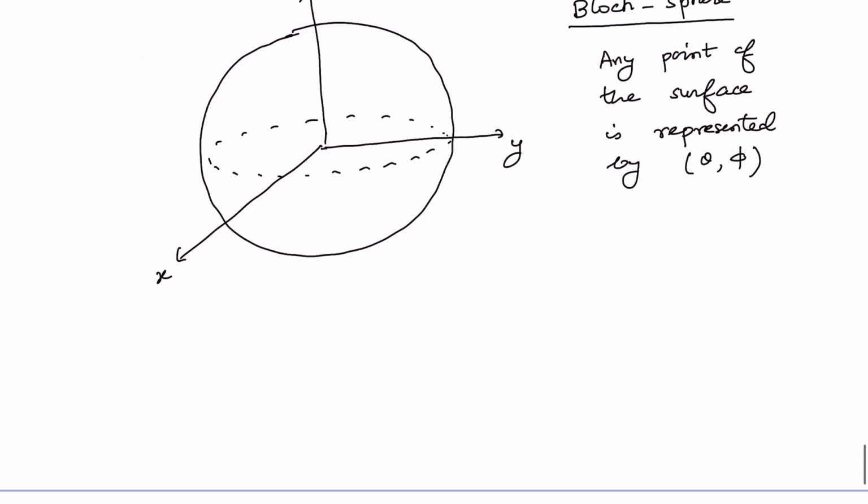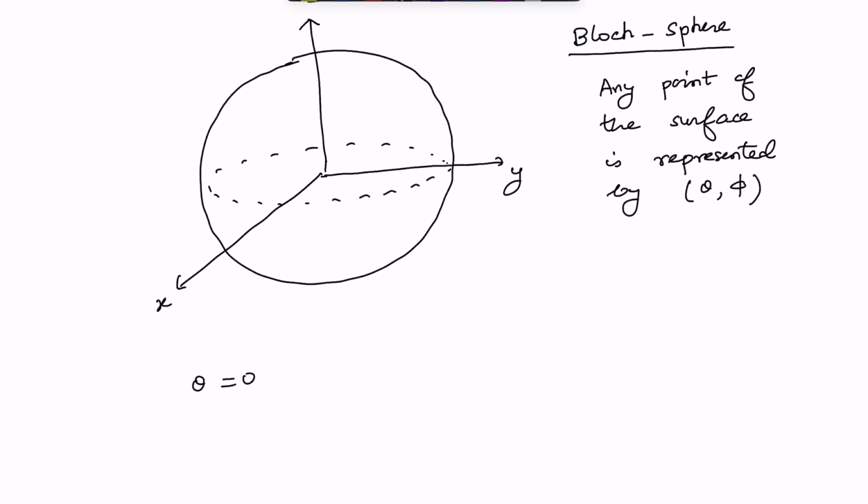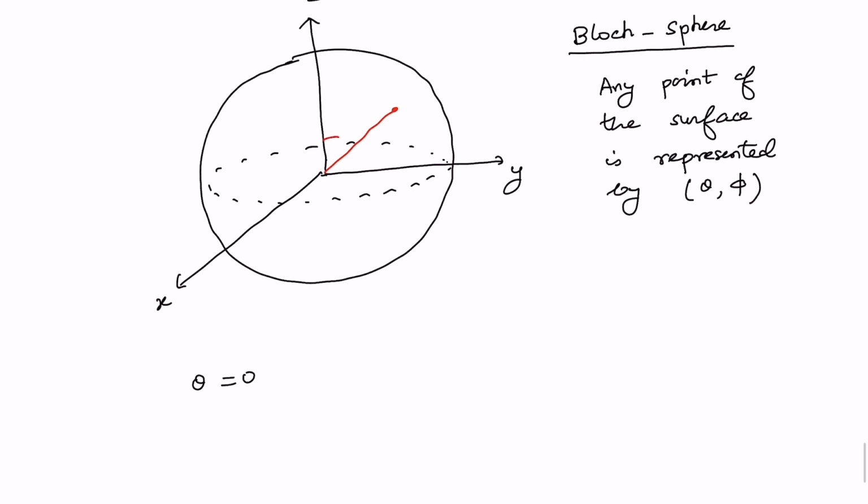For example, if I just take theta equal to 0, let me draw the coordinates once again here so that you can understand it easily. So here, let's say any arbitrary point on the sphere is this, and this is your theta, and then if I take a projection to the equatorial plane, then this is my phi.